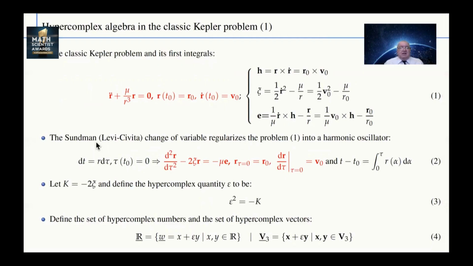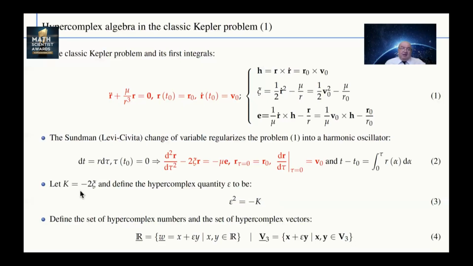And by a Sundman change of variable, the Kepler problem is equivalent to a linear differential equation in variable tau, obtained by kappa, the curvature of the Riemannian manifold, and we define the set of hypercomplex number by this form. This relation is satisfied, and the set of hypercomplex vectors.